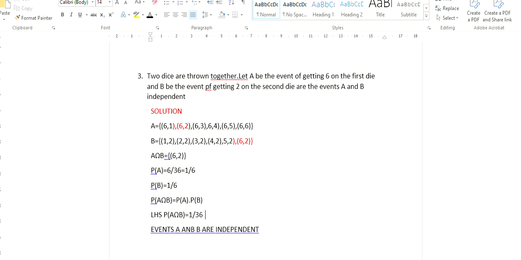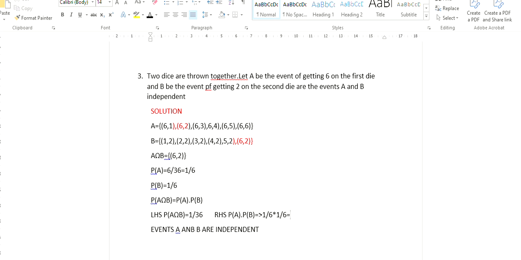Now for the RHS, what we have to prove is probability of A into probability of B. What is the probability of A? 1 divided by 6 into 1 divided by 6.